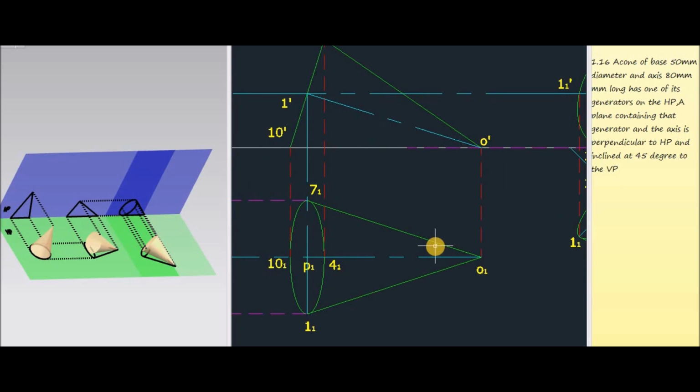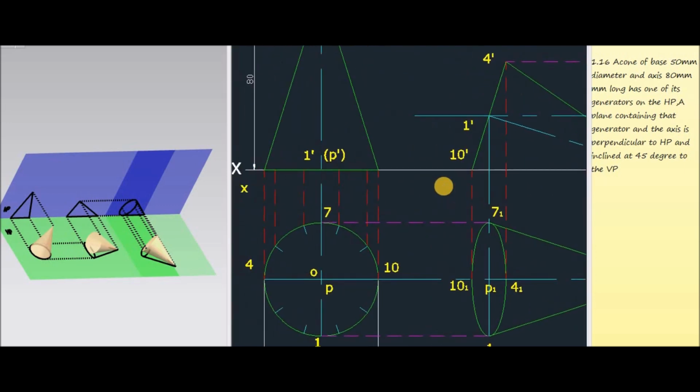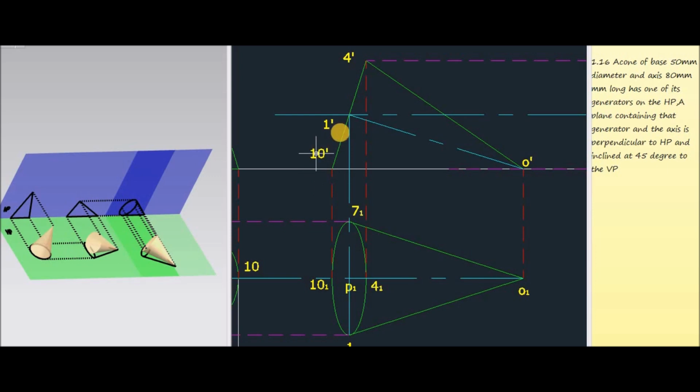Now in the second condition it is given that the cone is resting on one of its base generators. Here we have marked that generator as 10 dash O dash. Now it is lying on the horizontal plane with its generator 10 dash O dash. Now take all dimensions from the front view. We can mark all these points here.